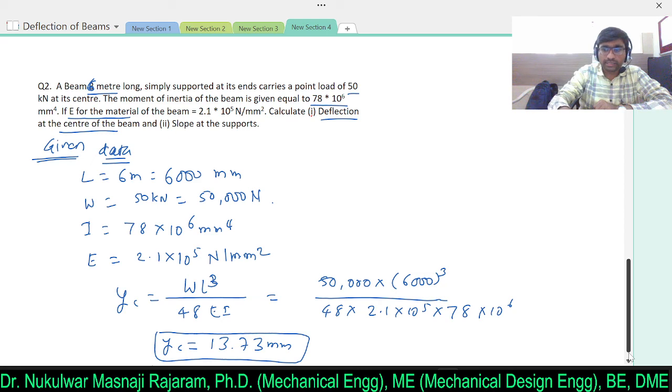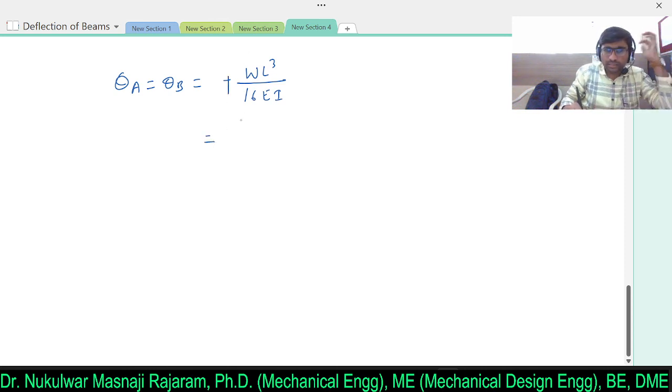Next, what are they asking? They are asking for the slope. The equation for the slope theta A, or we can say theta B, will be equal to minus WL square divided by 16 EI. You can take it positive also, it's a downward direction.